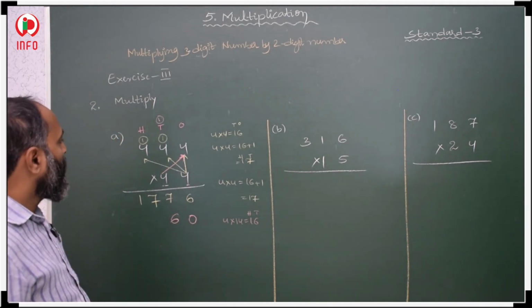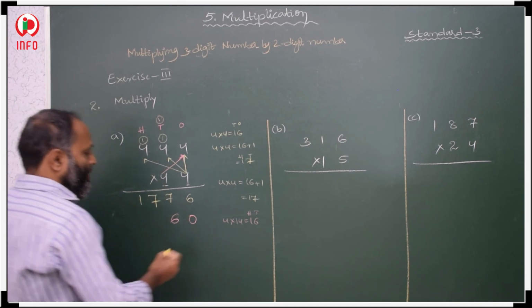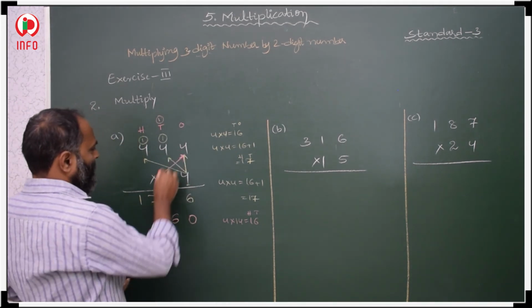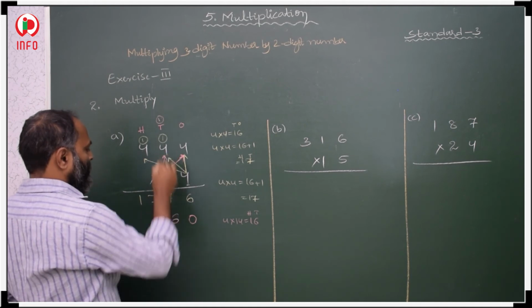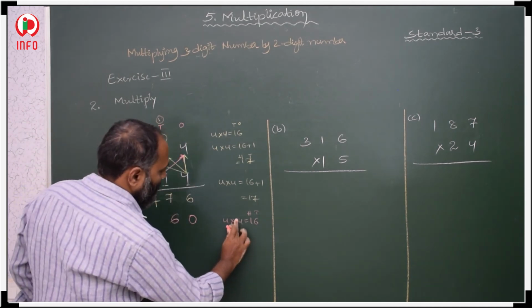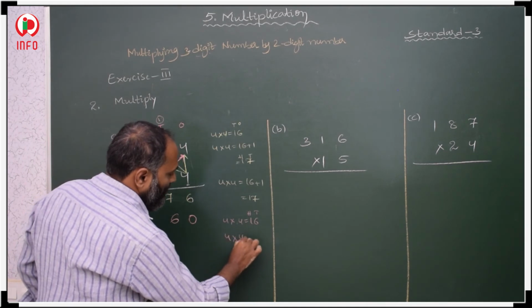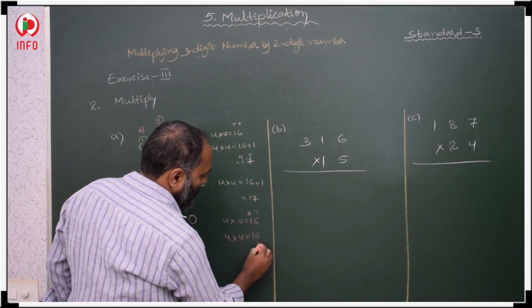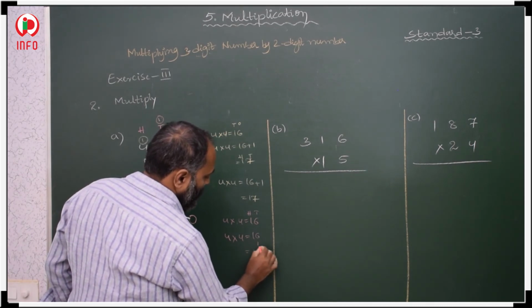Okay, now 4 with this 4, 4 with this 4, again 4 4s are 16. What is the carry over? 1. 16 plus 1, 17.